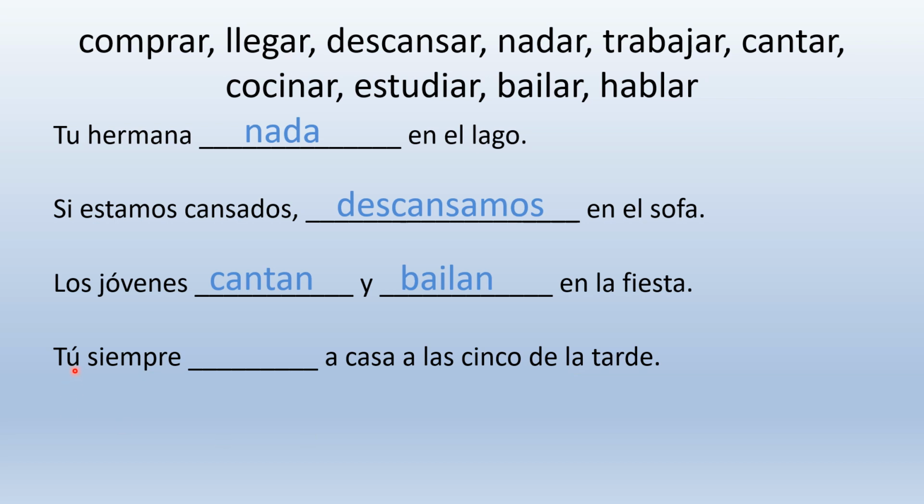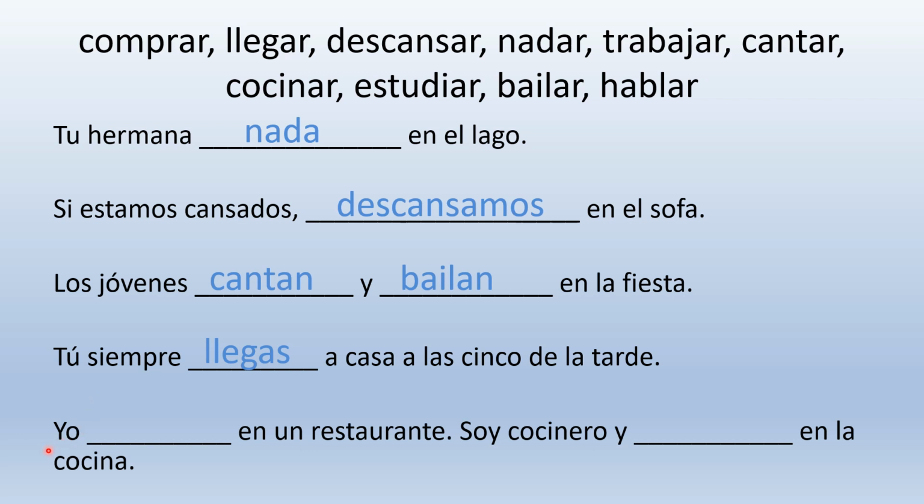So which of our verbs up here would make most sense? Llegar, to arrive. And so, what ending do we use for tú? As. So, tú siempre llegas a casa a las 5 de la tarde. You always arrive home at 5 in the afternoon.